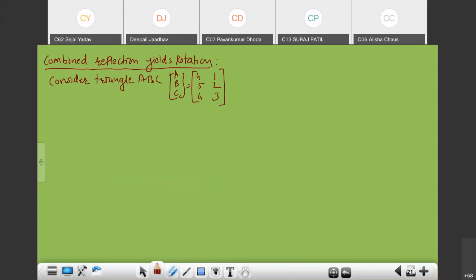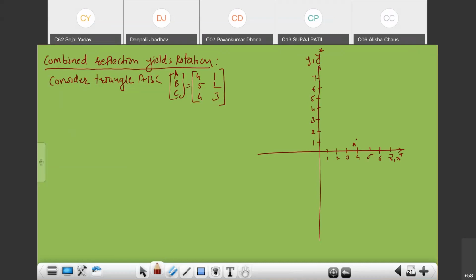Now I draw here the diagram of this object, the triangle. What is the first? A, 4, 1.